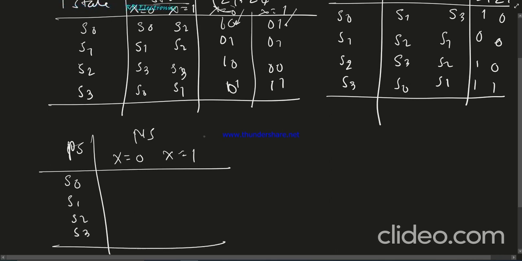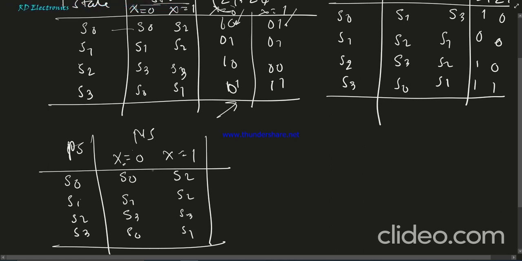Now look at this table. For x equal to 0, what is our transition from s0? For x equal to 0, s1, then s1, for x equal to 1, s3. So just copy this: this is s2, this is s2, this is s3, this is s1. But what are the outputs?